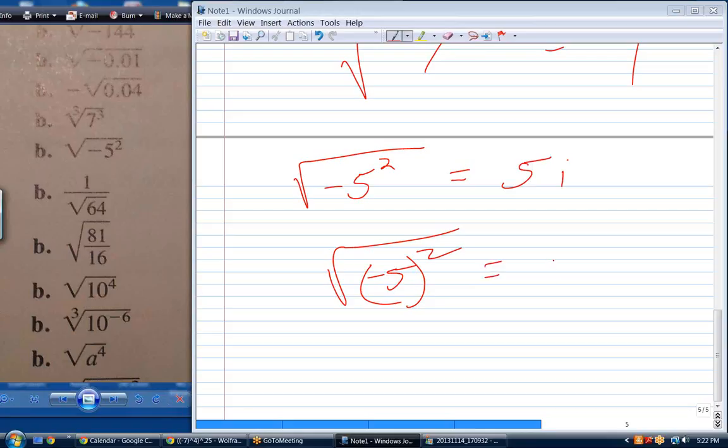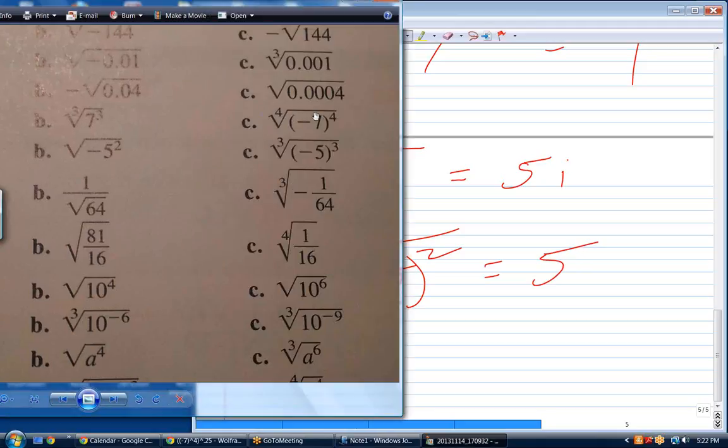I think that one is negative. Is it -5? No. According to Wolfram Alpha, if we do the inside first, then -5 becomes 25. And then we take the square root of 25, we're going to get 5. For the same reason that the fourth root of -7 to the fourth is 7, not -7.